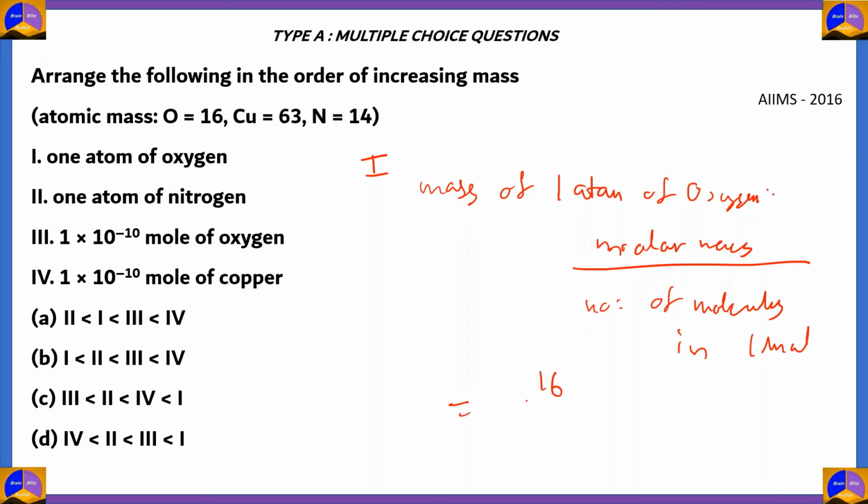So it'll be 16 divided by 6.02 into 10 raised to 23. So 16 by 6.02 will give you an approximate answer of 2.66 into 10 raised to minus 23, since it was earlier in the denominator. So 2.66 into 10 raised to minus 23.